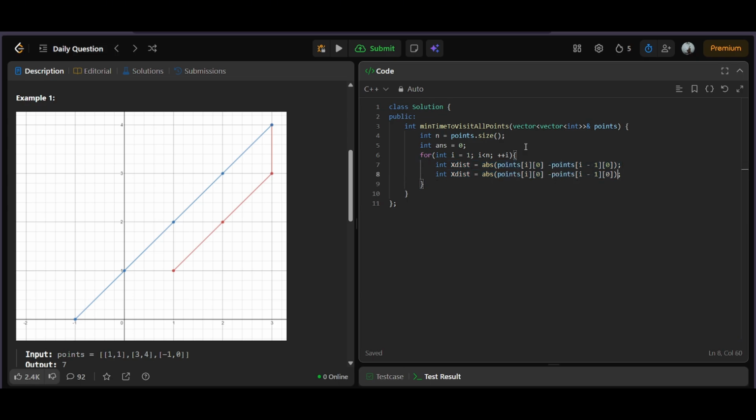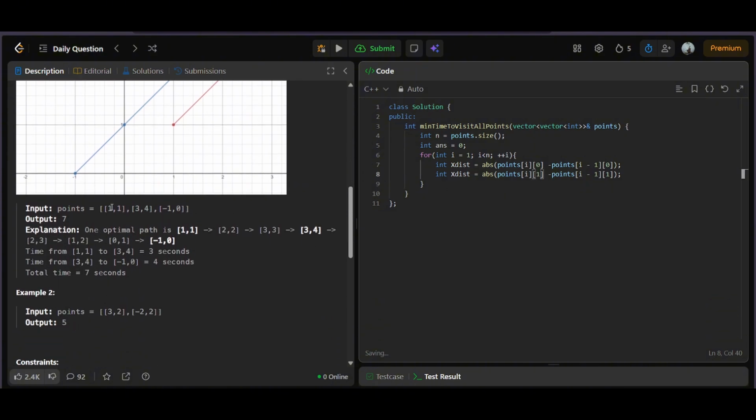Similarly, we can get the y distance by taking the second element, that is 1, these are the y coordinates. And finally we should add to the answer the maximum of these two. Finally we return the answer.